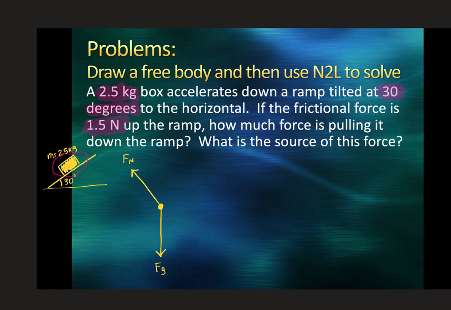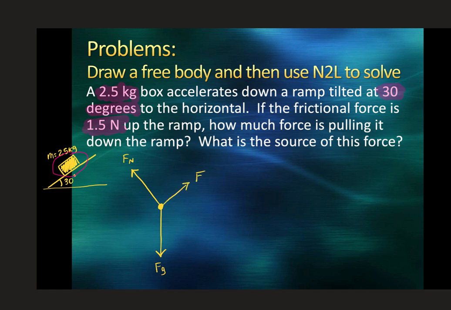And then it does tell me I have a frictional force, and that frictional force is oriented up the ramp. The box wants to slide down the ramp. If it were sitting still, it would not be accelerating, but it is accelerating, so we know it's moving. So its direction of motion is down the ramp. That means friction is up the ramp. So I'm just going to draw a frictional force in here.